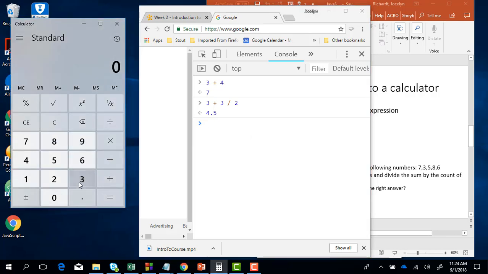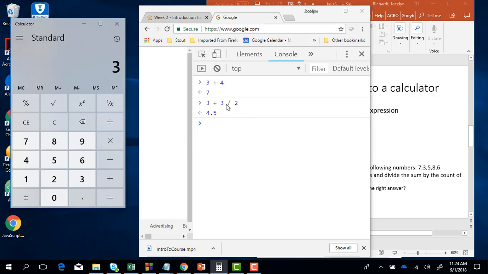On the calculator we said take 3, add 3 to it, then divide it. And you can see that it adds the 3 and the 3, giving us a 6, so that when we divide it by 2, we get 3 again. But what is happening on the JavaScript console? How are we getting the 4.5?